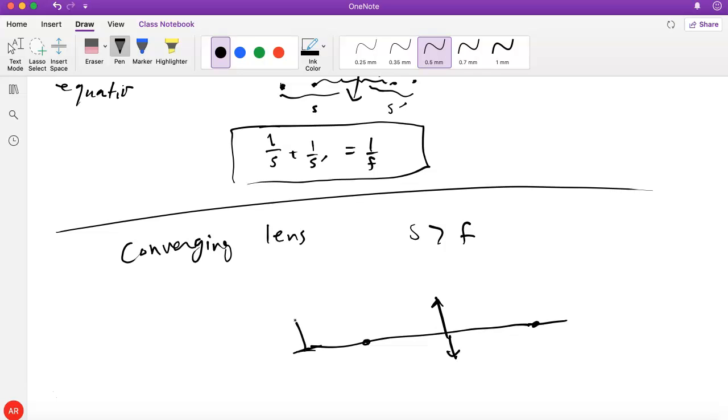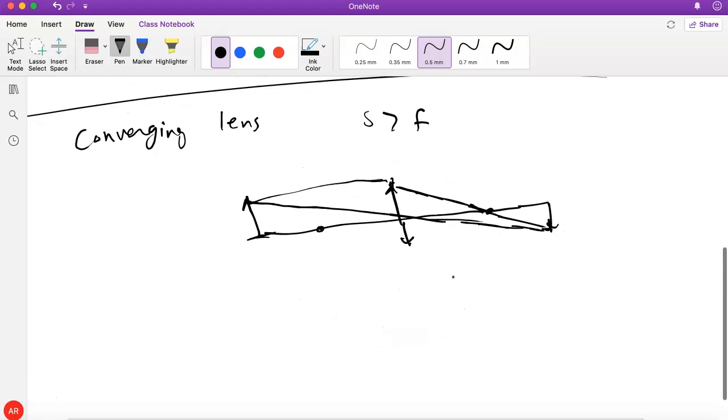If I put my object over here, this is going to go there. And so we find the image over here.